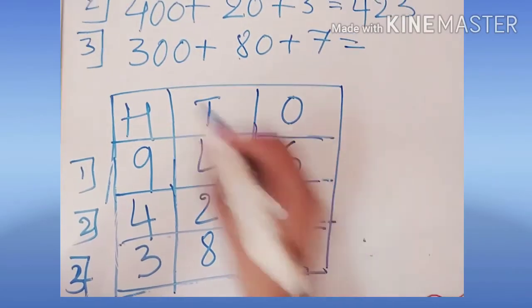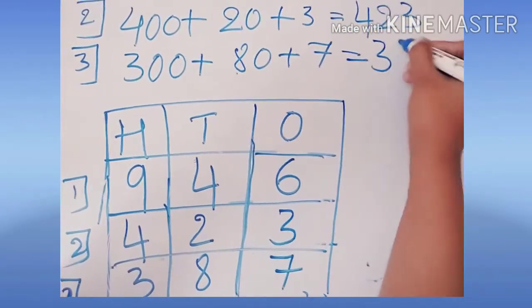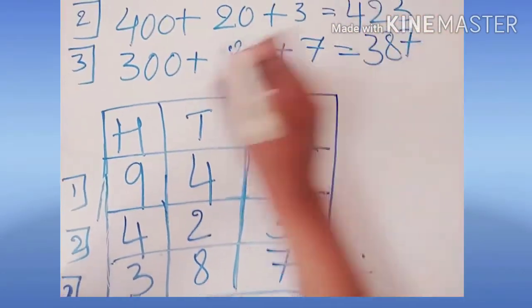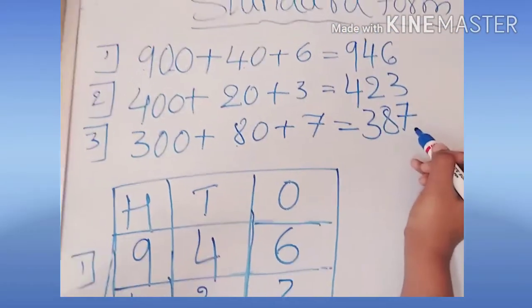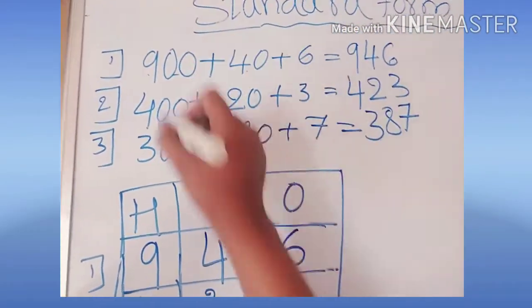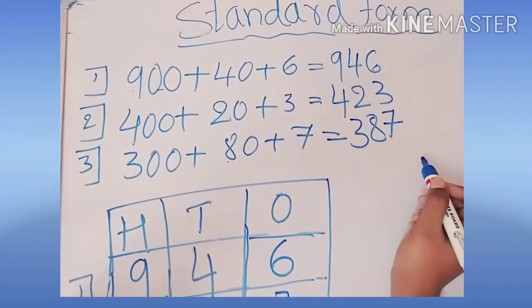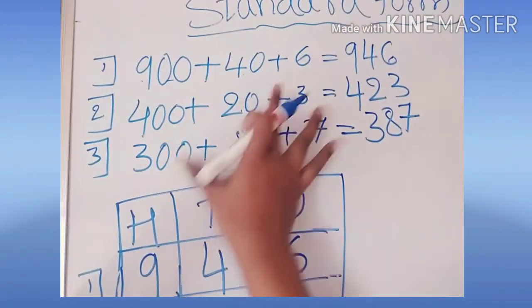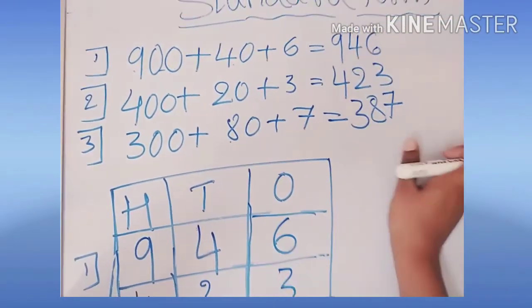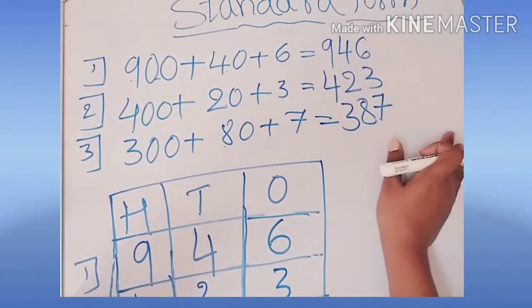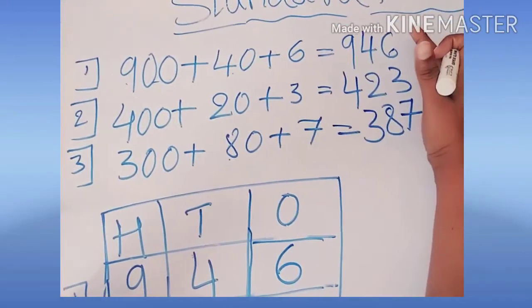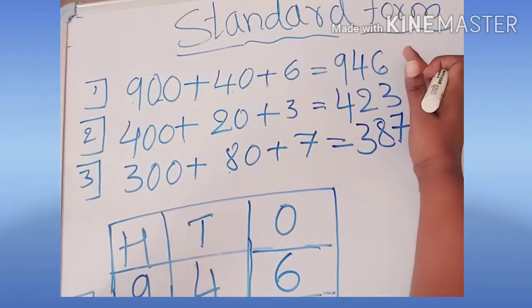The standard form of this number is 387. These are expanded form. These are standard form. Like this, we have to write the standard form of 3-digit numbers.